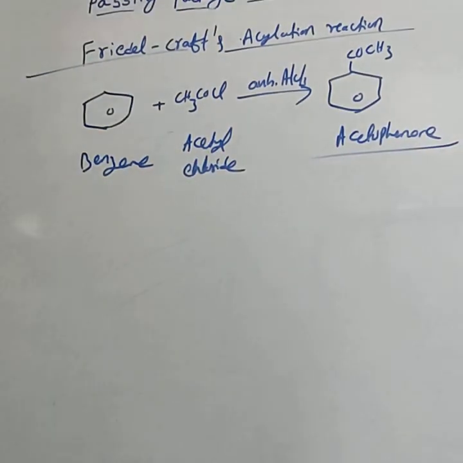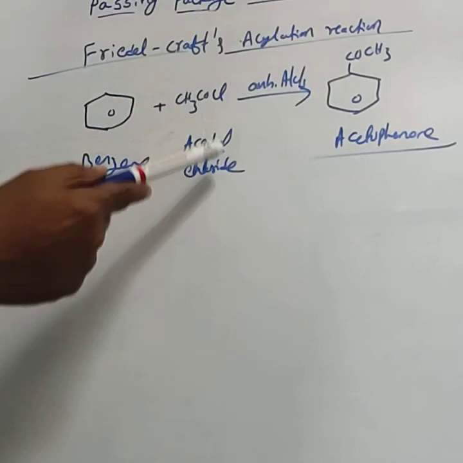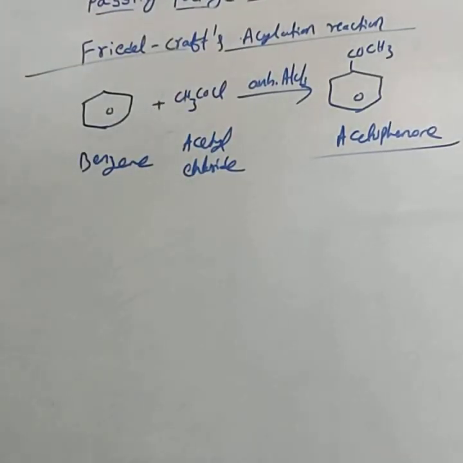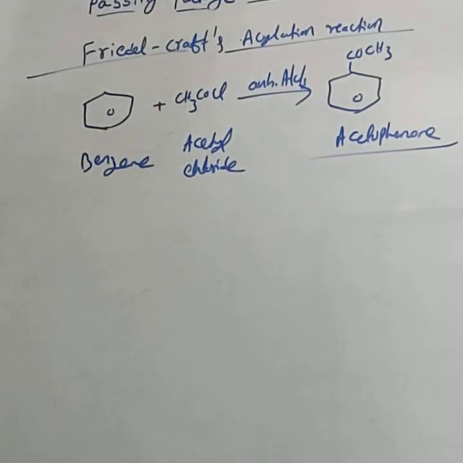This reaction is called Friedel-Crafts acylation. Friedel-Crafts acylation means benzene treated with acetyl chloride in the presence of anhydrous aluminum chloride catalyst, acetophenone is formed. This is about the Friedel-Crafts acylation.